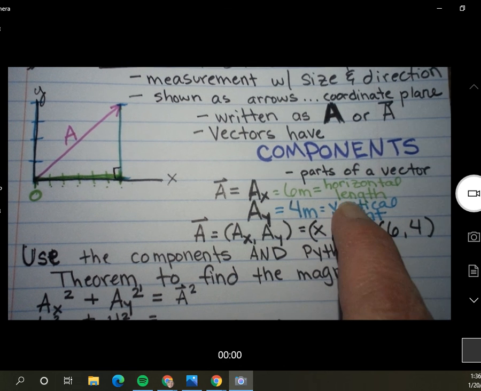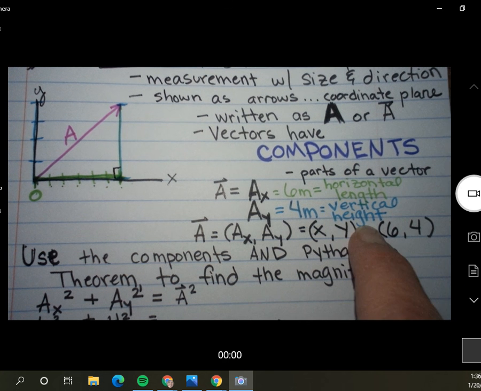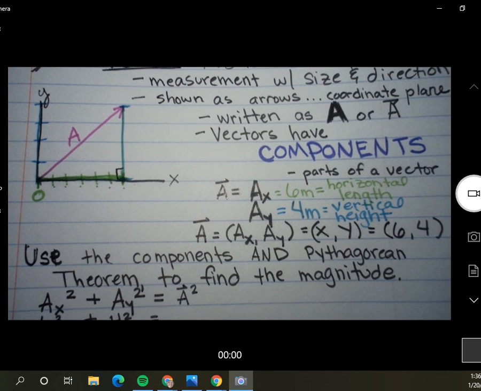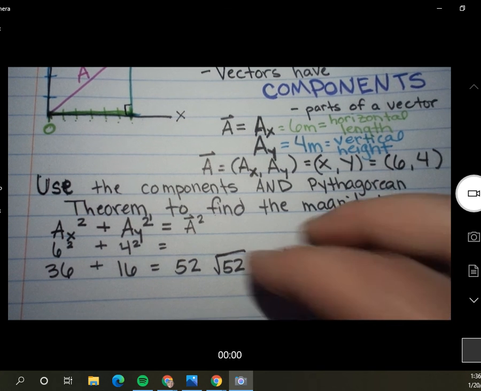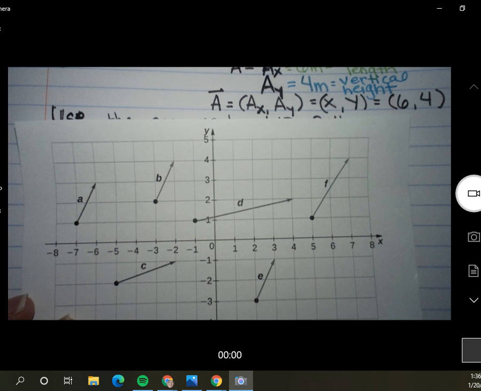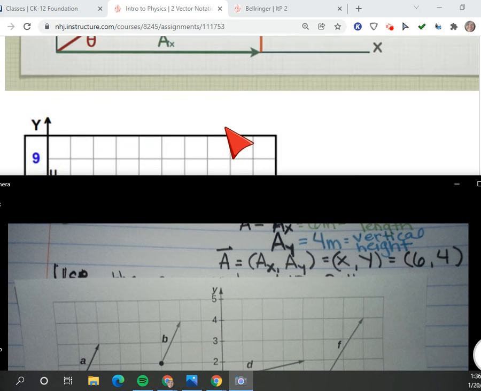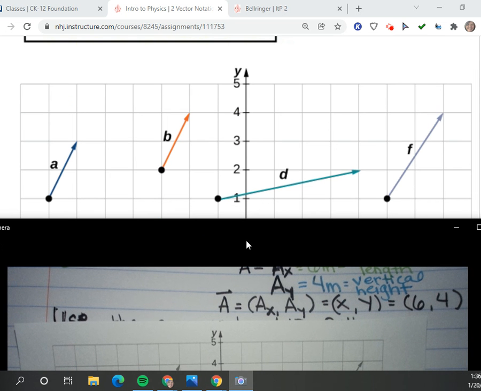A sub x is the horizontal length. A sub y is the vertical height. So now it comes to our examples that we had. I gave you a little piece of paper that looks like this here in class. If you are not in class with us today, if you look in the lesson and scroll down, you can see the same image. It's just in color.